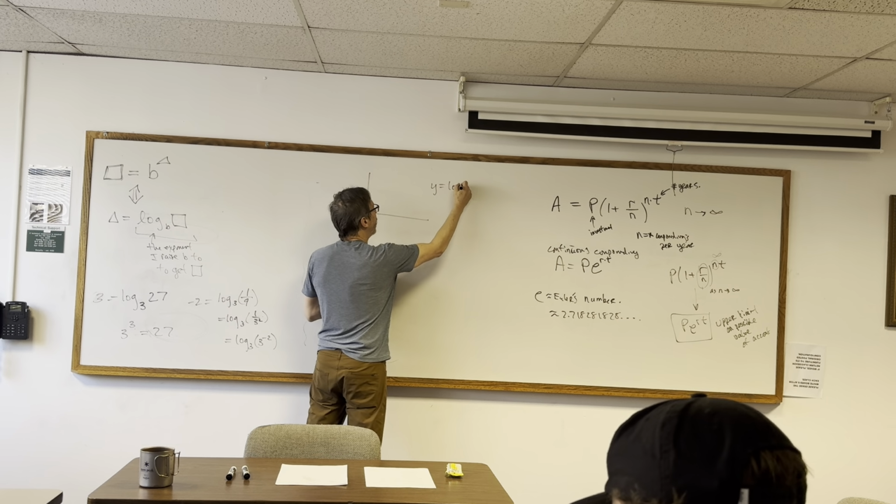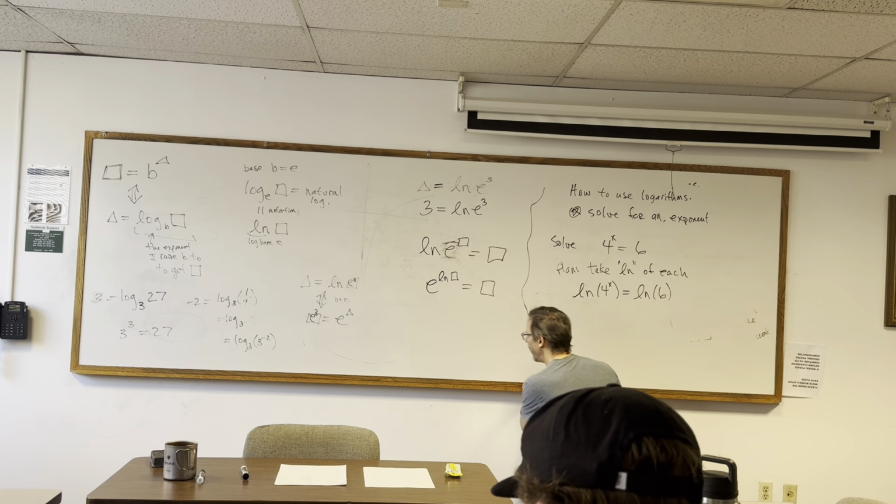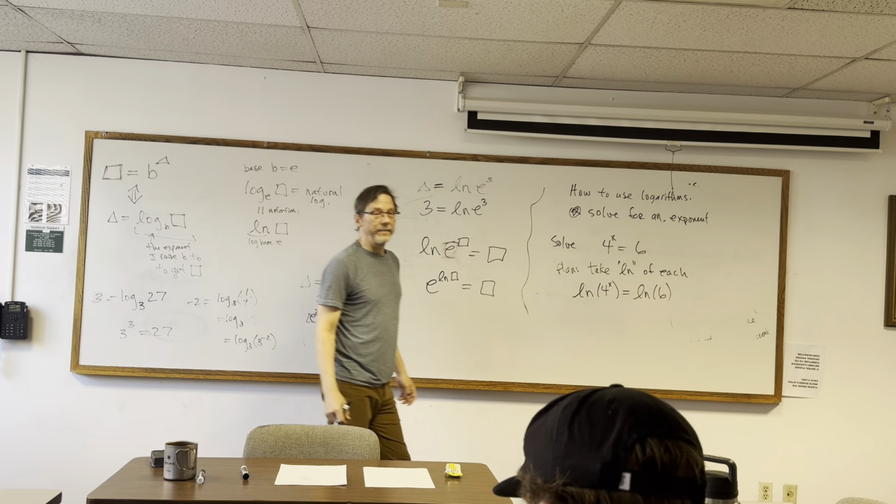So the plan is this. Take the natural log of each side. Notice I'm saying take, not multiply by. I'm taking the natural log of the left side, and that's equal to the natural log of the right side. And I've got some log properties that I need to use. So we have 3 log properties, and I'm going to write them in terms of natural log. The first one is natural log of something raised to a power.